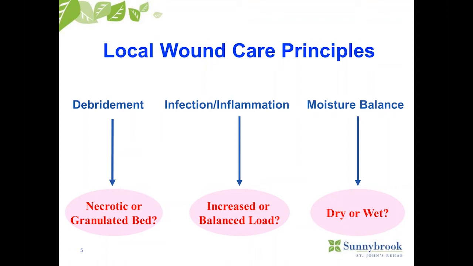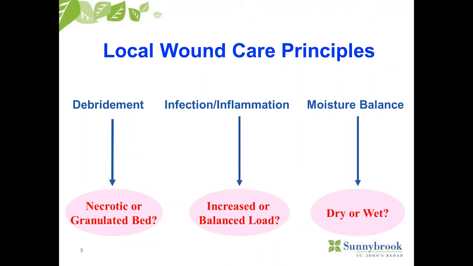So we'll start with the local wound care principles. First and foremost, debridement. So is there slough, debris, necrotic tissue on the wound, or do you have a nice, smooth, pink, pebbled granulation tissue base? Does it look like there's a lot of slough, maybe signs of local infection or spreading infection?